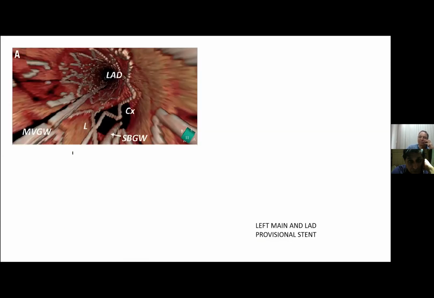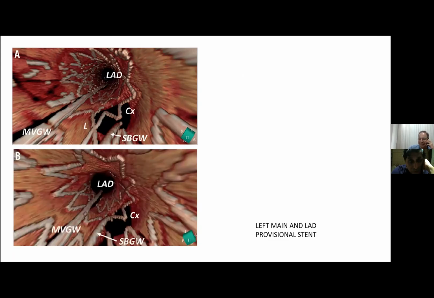There is another view, which is the fly-through view. For example, in this case, this is the side branch wire going through the struts. If you crush this part with a kissing balloon, this portion of the circumflex struts will hang against the LAD.